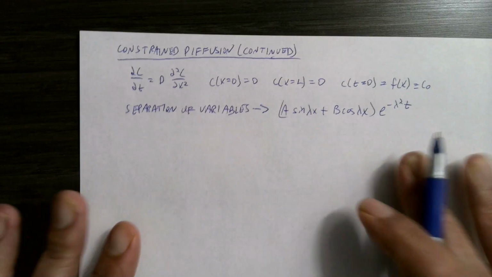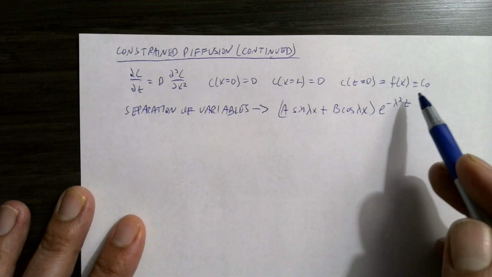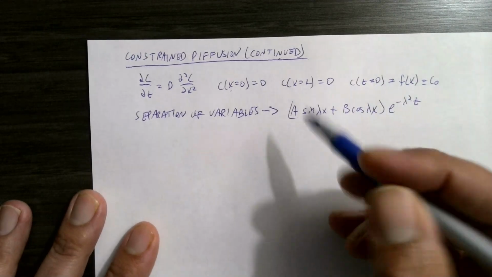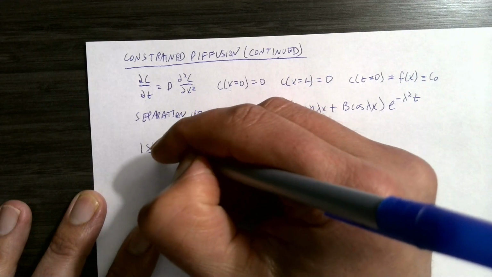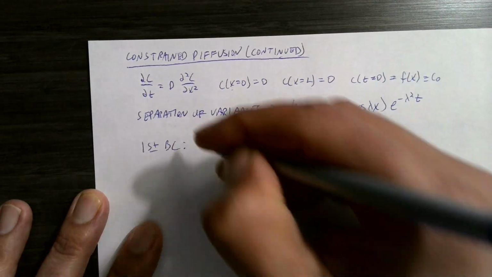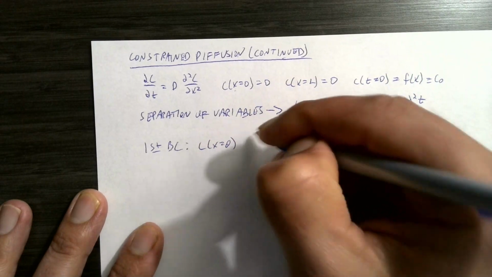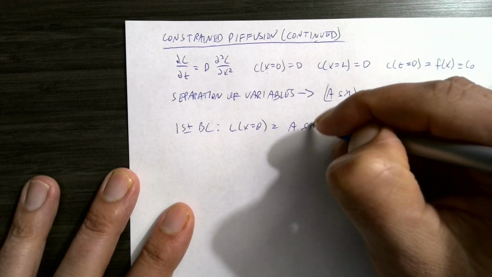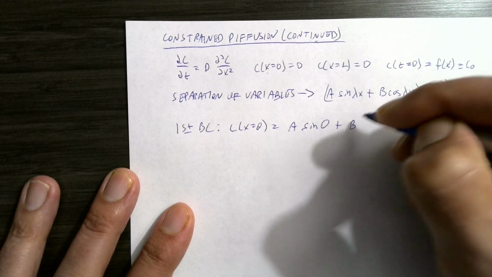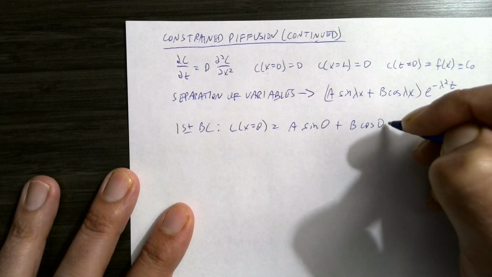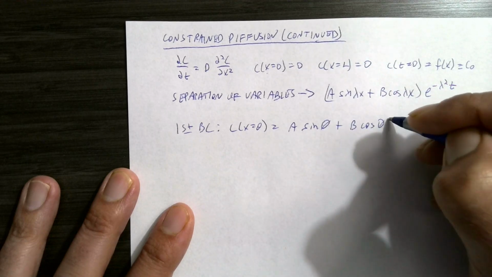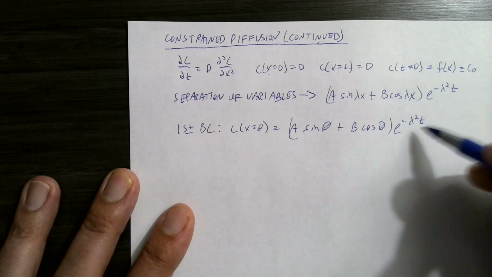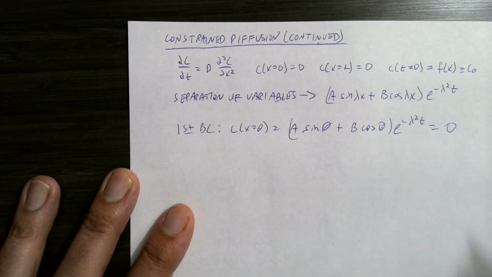So we're going to start applying our conditions, and the easiest one to start with is the first boundary condition. c at x equals 0: if I put in 0, it's a times sine of 0 plus b times cosine of 0, and that's a 0, times e to the minus lambda squared t, that doesn't have an x in it. This should equal 0.